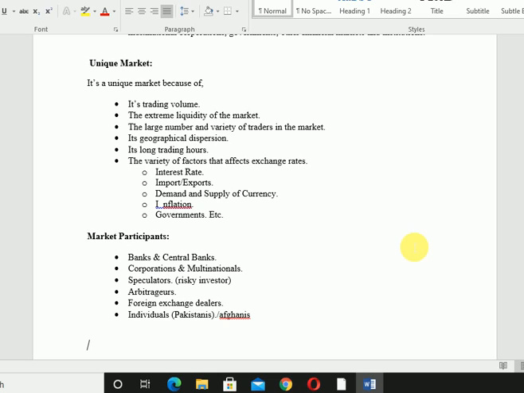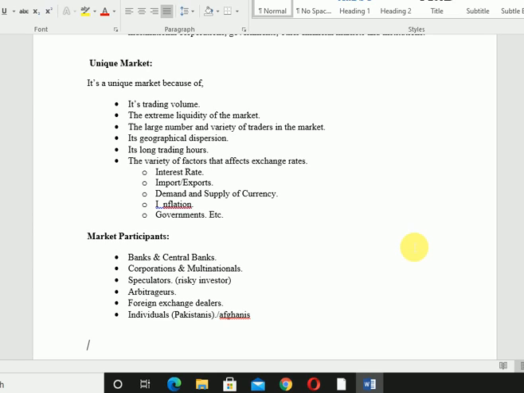As well as its long trading hours. Long trading hours means that, look at those countries where the trading hours are off, but in some other countries the trading or working hours start.